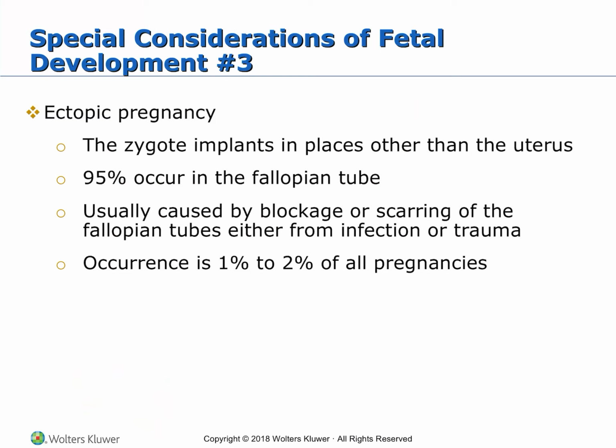This can occur in 1 to 2% of all pregnancies. Some people have them and don't even realize they have them, but in a more severe case, it can actually rupture the fallopian tube, and that becomes an emergency.